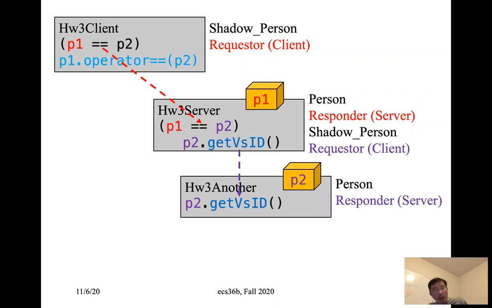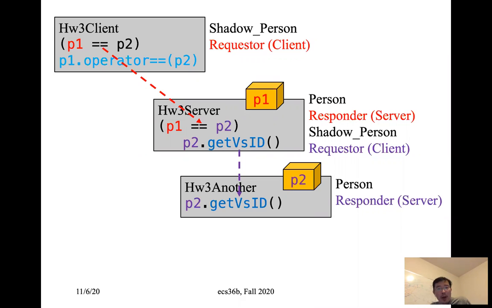Unfortunately, when you call operator equal with P2, which is a person, if you remember the code we put in shadow person, P2 is on yet another machine. We call it HW3 another.